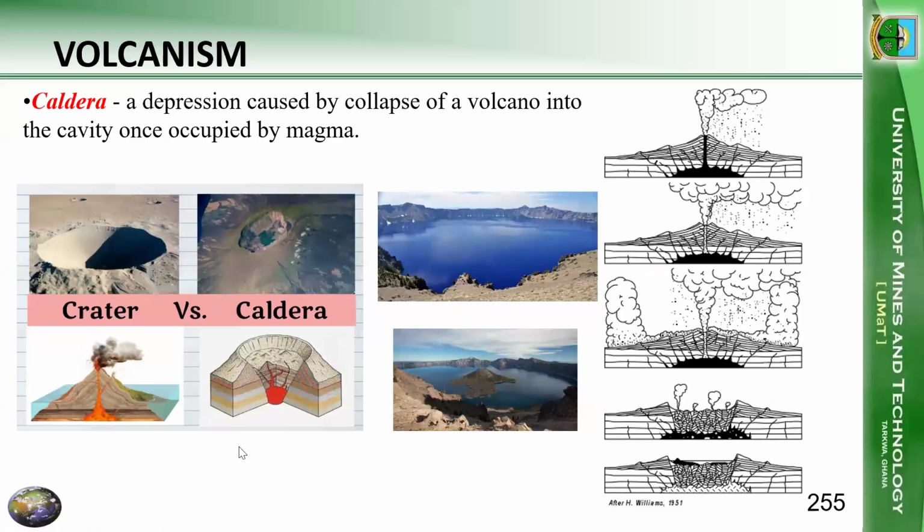These have become very beautiful sceneries because everything collapsed. It forms huge holes or depressions, in this case calderas. Over millions of years, water filled them, so they become natural lakes and tourist attraction sites.